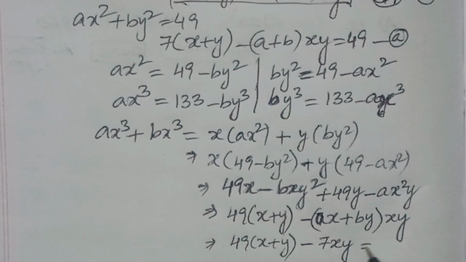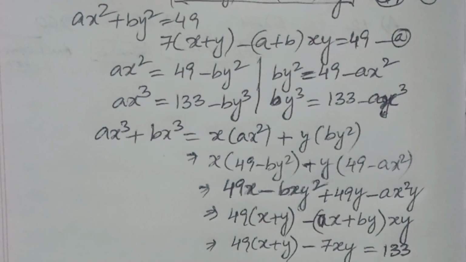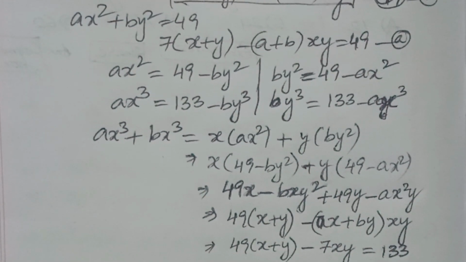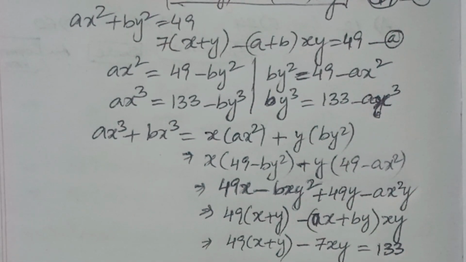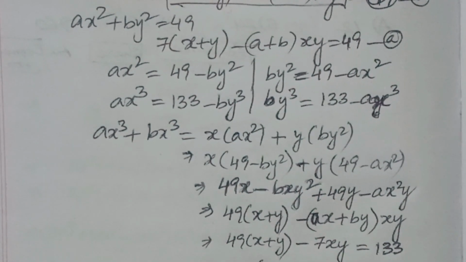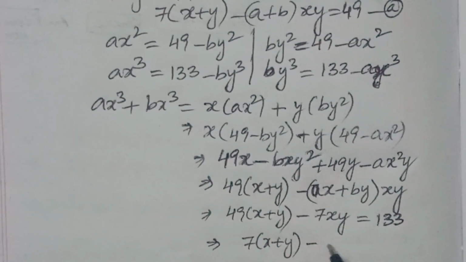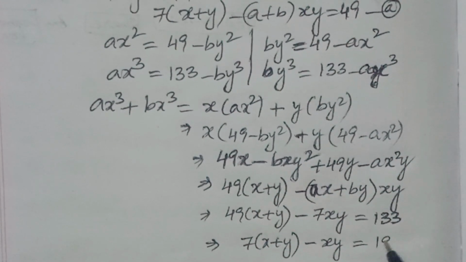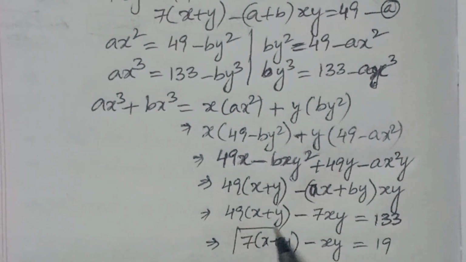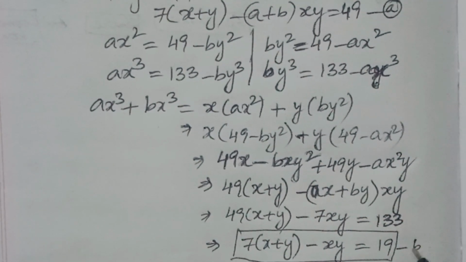This is equal to 133, the value of the third equation. Here you can take 7 common: 7 into (x plus y) minus xy is equal to 19. This is B.